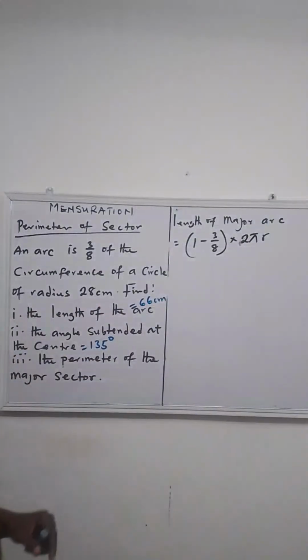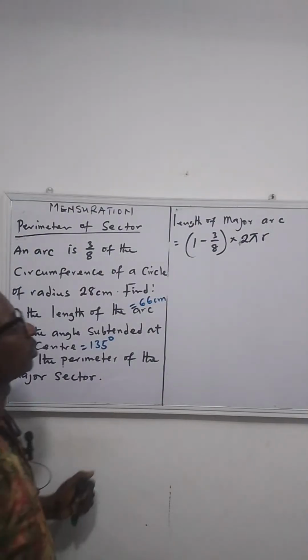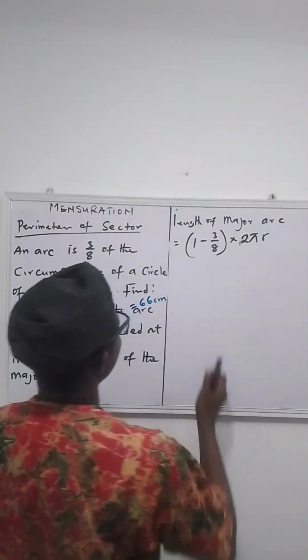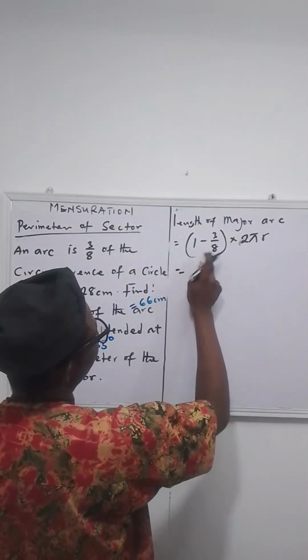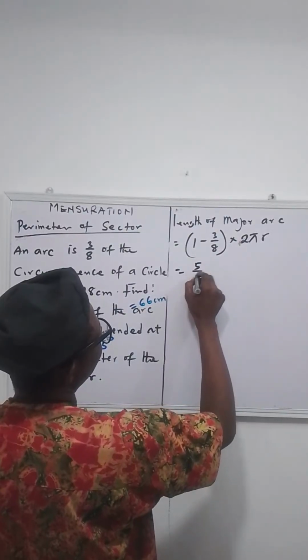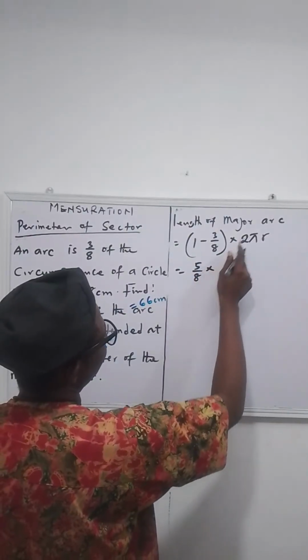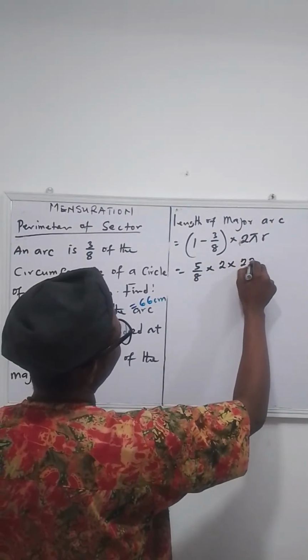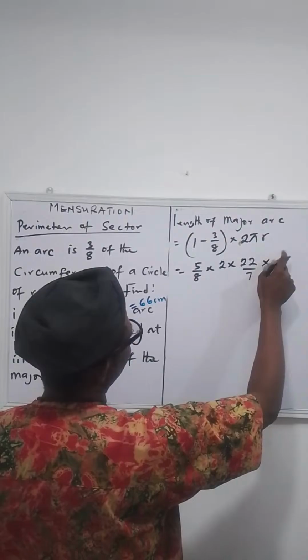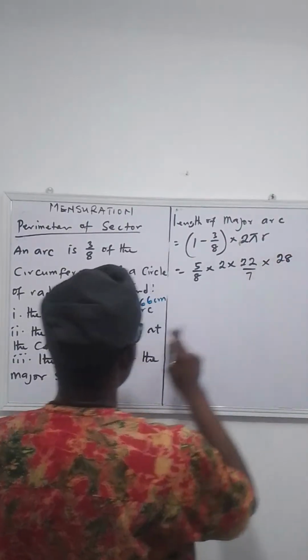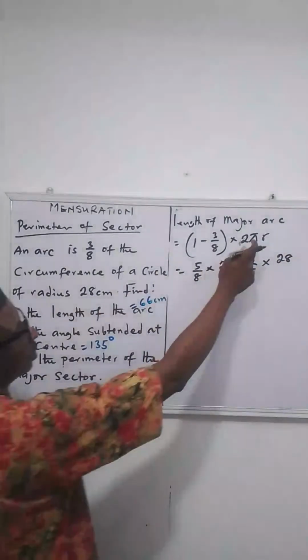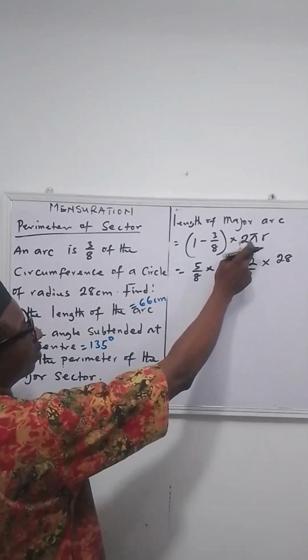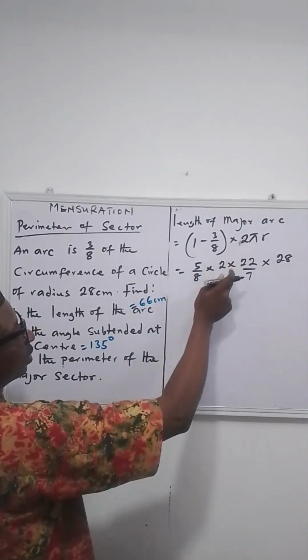I hope you understand that. When you subtract, you'll be having 5 over 8 times 2 times 22 over 7 times your r, that's 28. That has been given in the question. Radius 28, pi is 22 over 7.